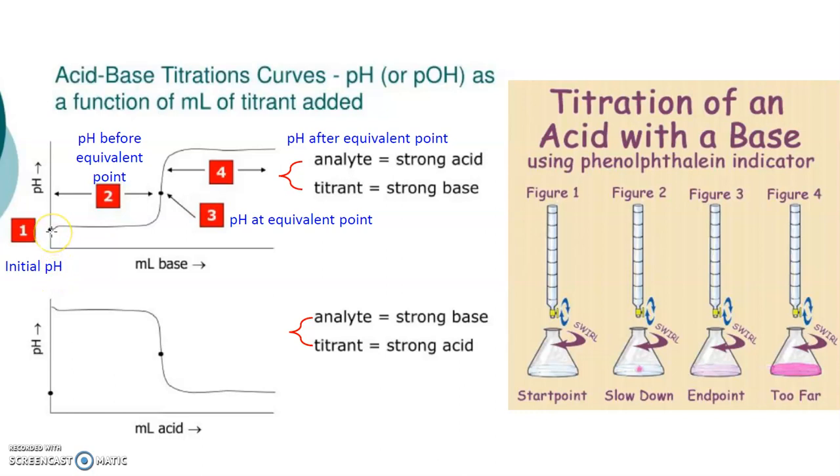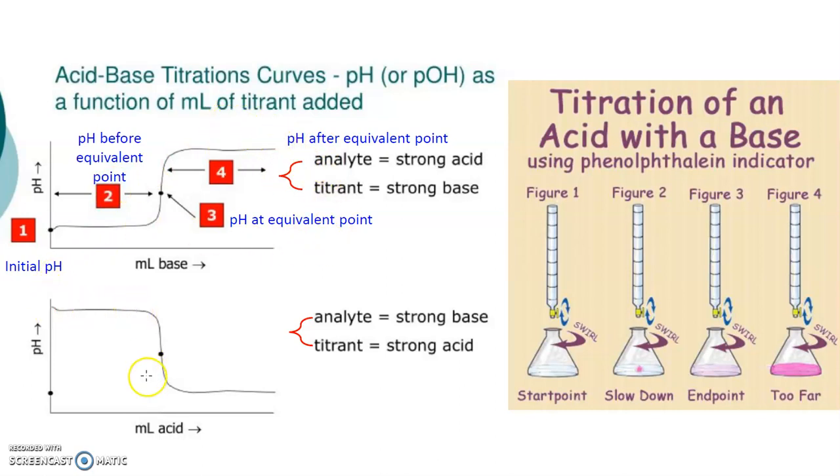As I said, the pH of the acid is 1, so you write down 1, and then it rises vertically. At point number 3, we show the pH at the equivalence point, which is 7, because this is between a strong acid and a strong base.